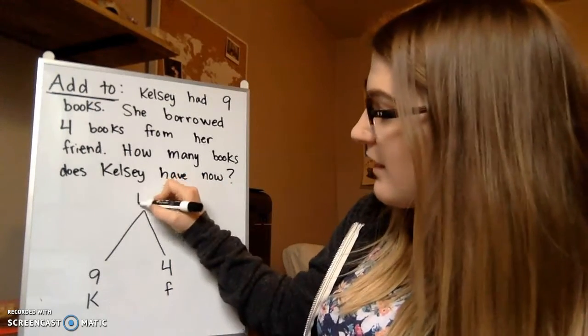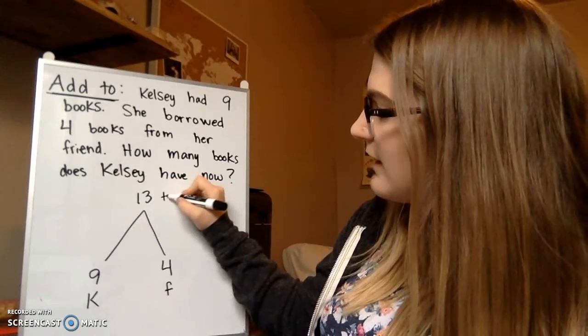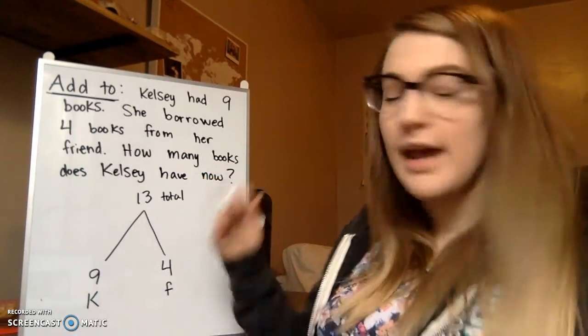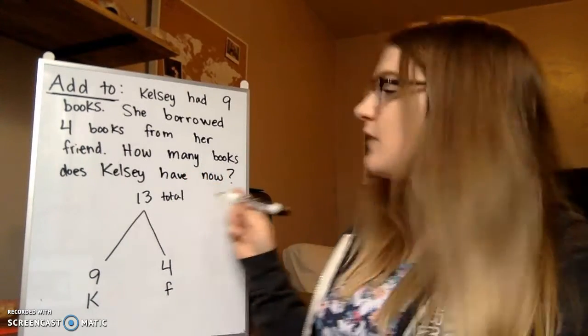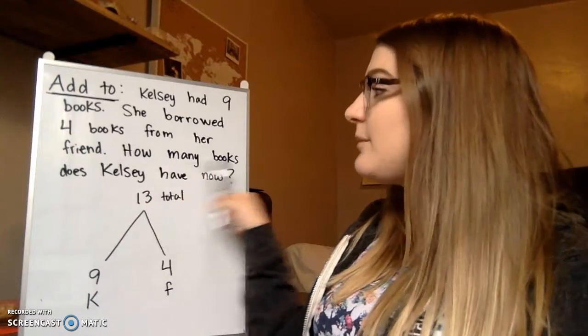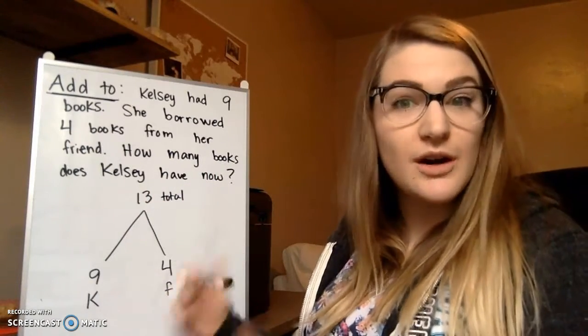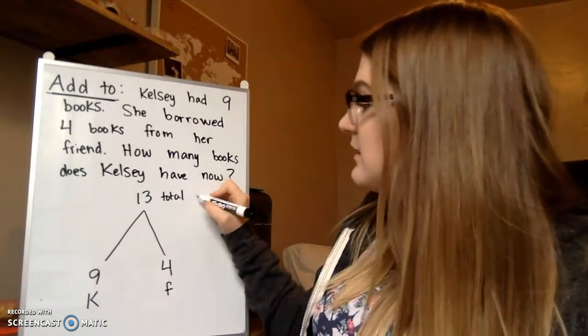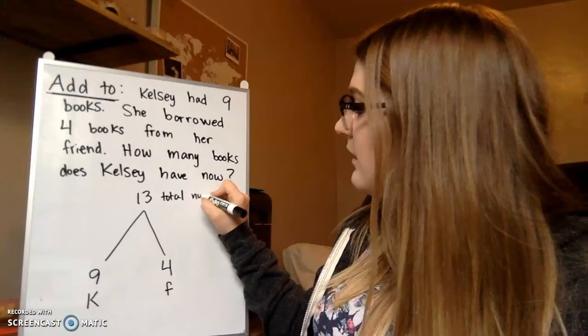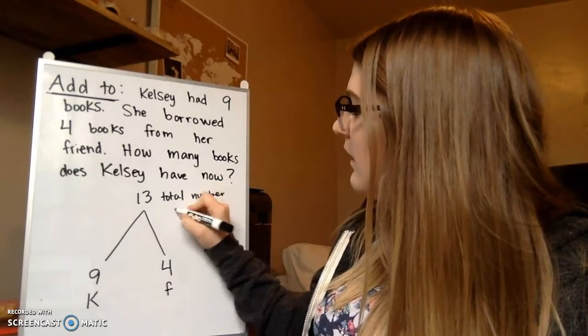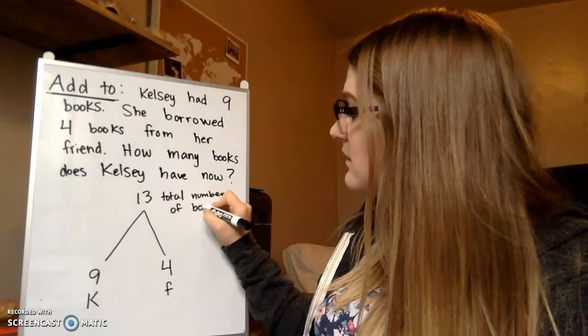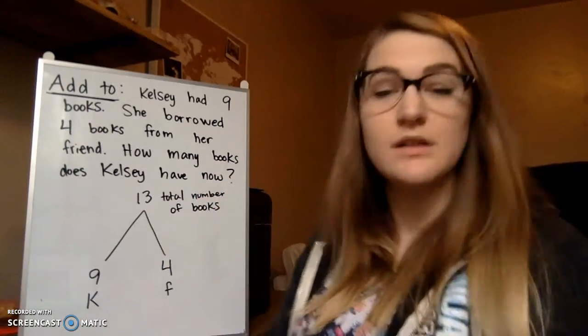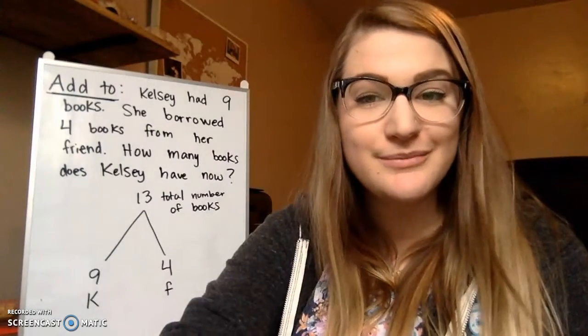It gives me 13, and that's our total. And what does our total represent? Well, our question is how many books does Kelsey have now? So the total is going to be our total number of books. So that is an add to problem.